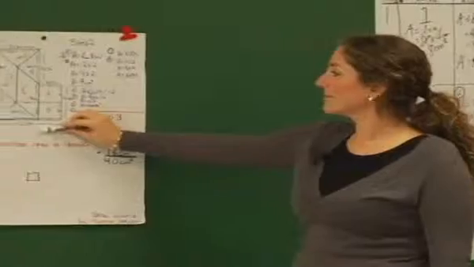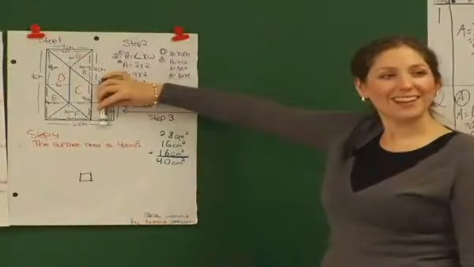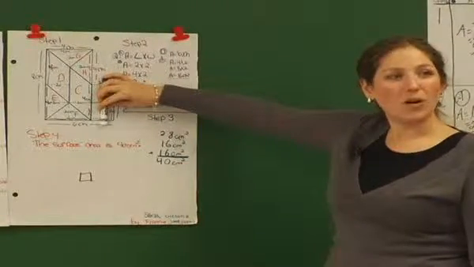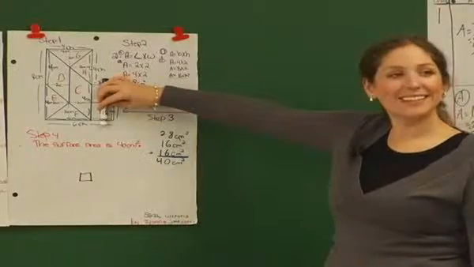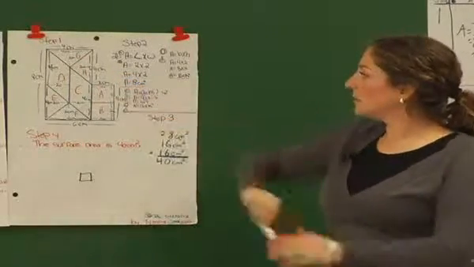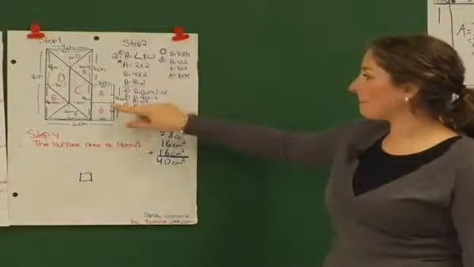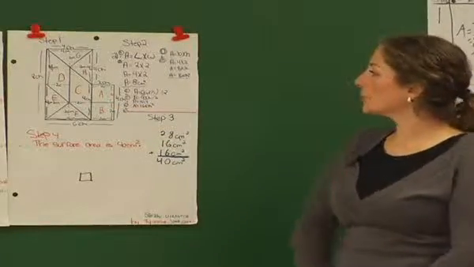We first cut off the side piece on that one, because it looked like it was kind of an odd piece. And then we divided that in half, and then we put in the parallelogram.